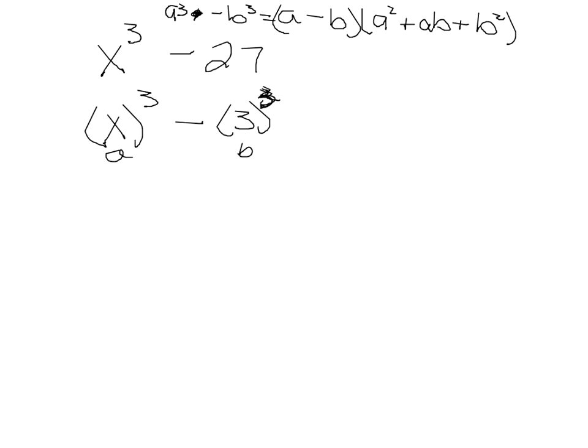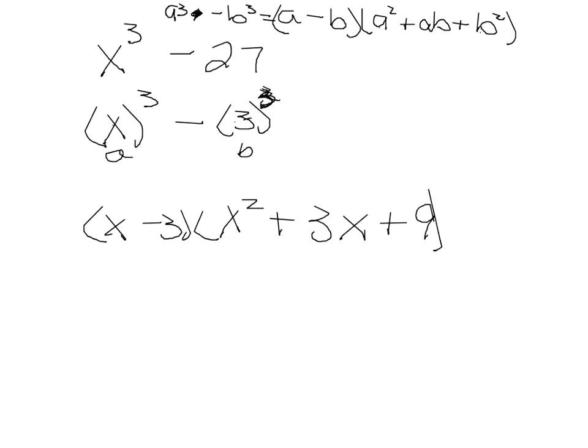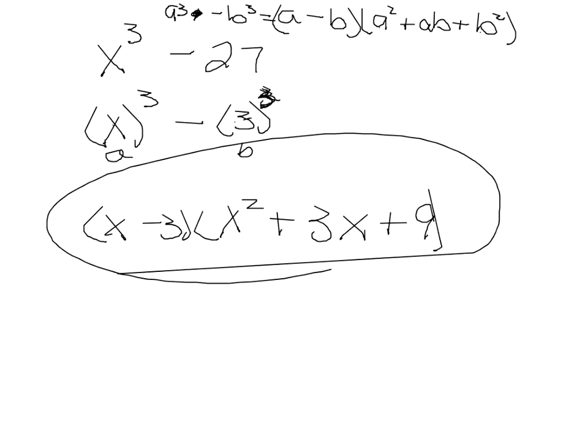So there's A and there's B in the formula up here. So I get A minus B, so that's x minus 3, times A squared, which is x squared, plus A times B. So that's 3 times x, or 3x, plus B squared, plus 9. And that is my factored form.